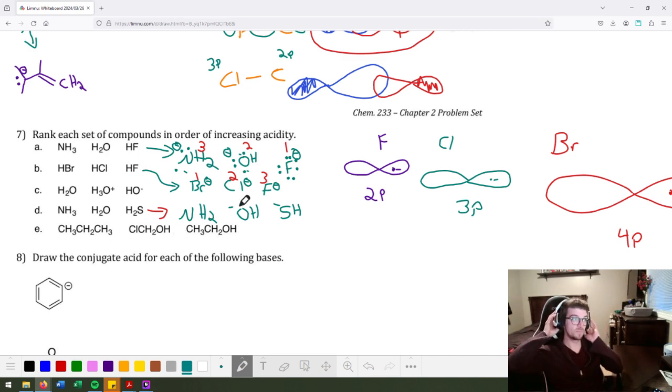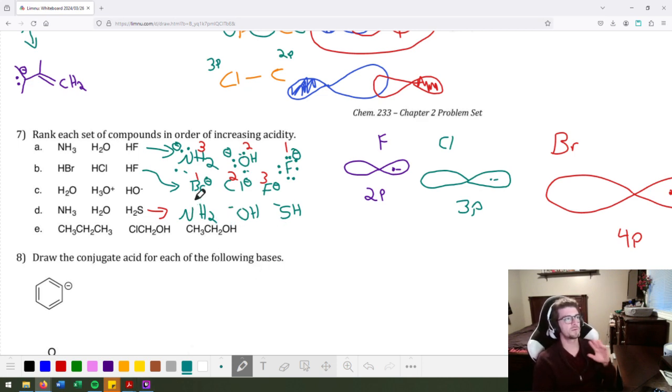So it's always easiest by a long shot to compare atoms that are in the same row and atoms that are in the same column, because then we can just invoke electronegativity and size respectively.